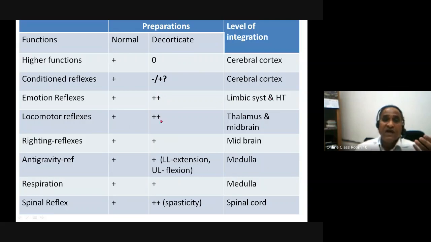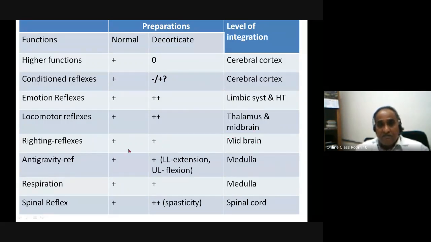Similarly, the cerebral cortex suppresses the locomotor reflexes present in the thalamus and midbrain, and they are not suppressed now, so they will be exaggerated. The righting reflexes remain as they are, or they may be slightly over-responsive, because they are in the midbrain.